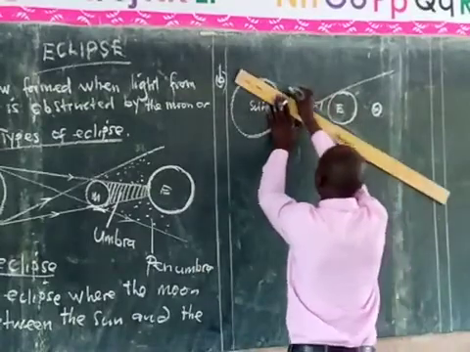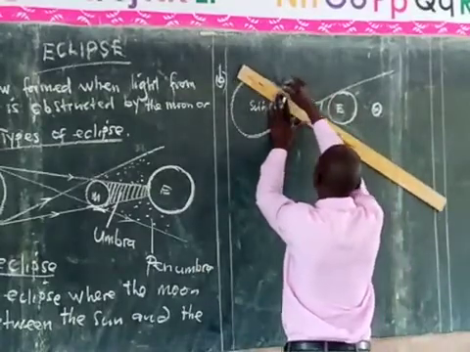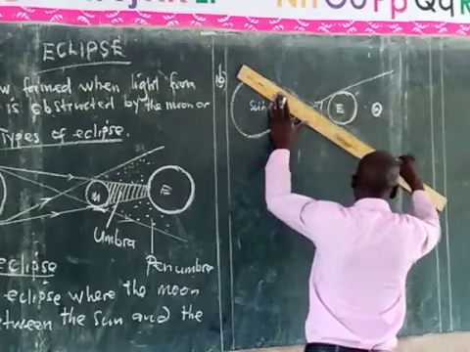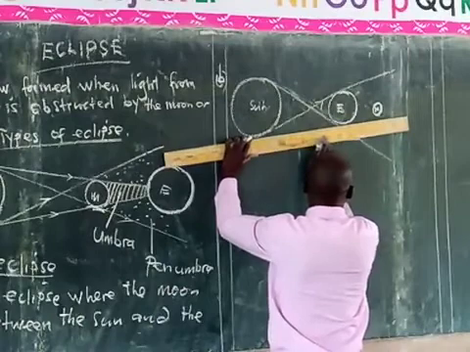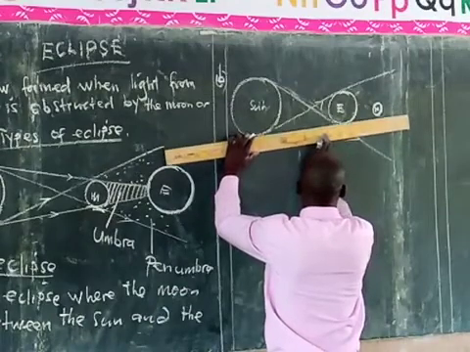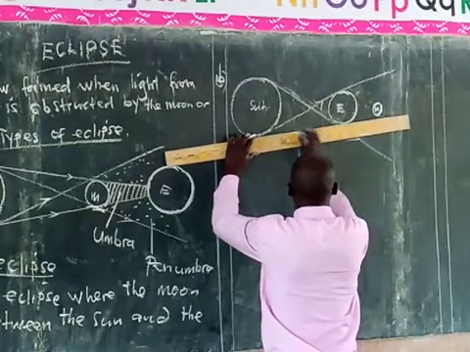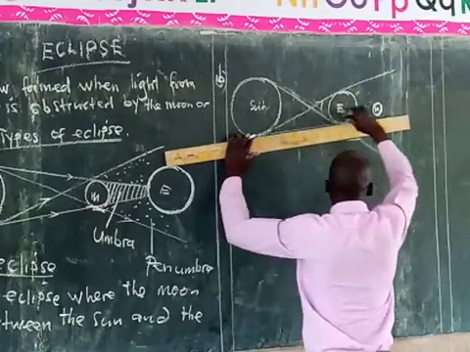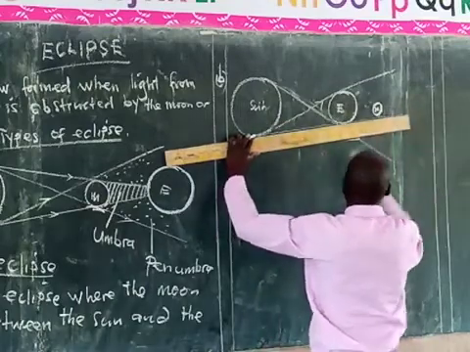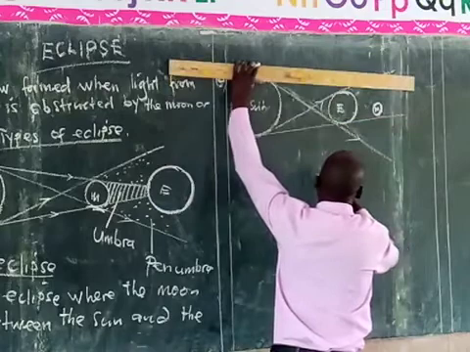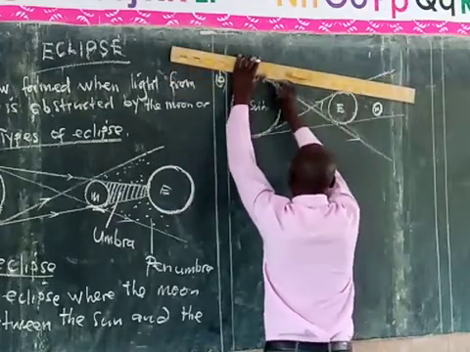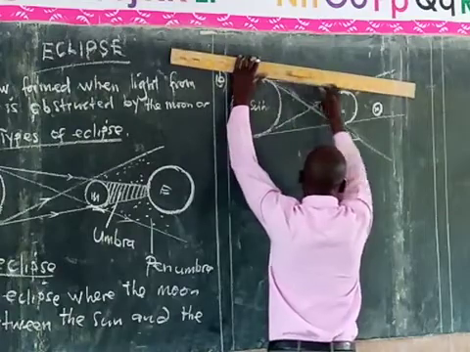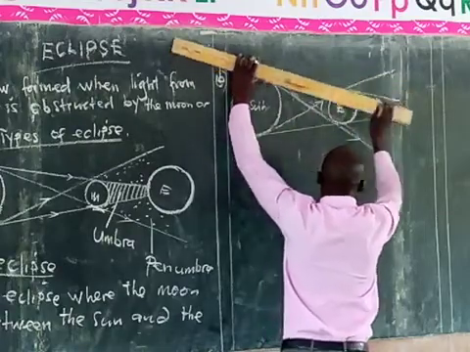From here, they cross over and travel that way. There are also light rays from here that travel direct this way. Even this side, there are those light rays that travel direct. They pass here. They pass this way.